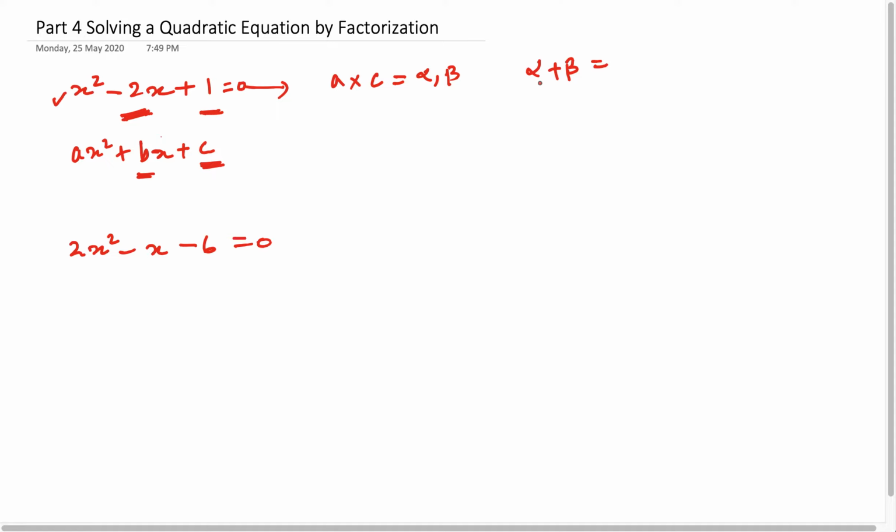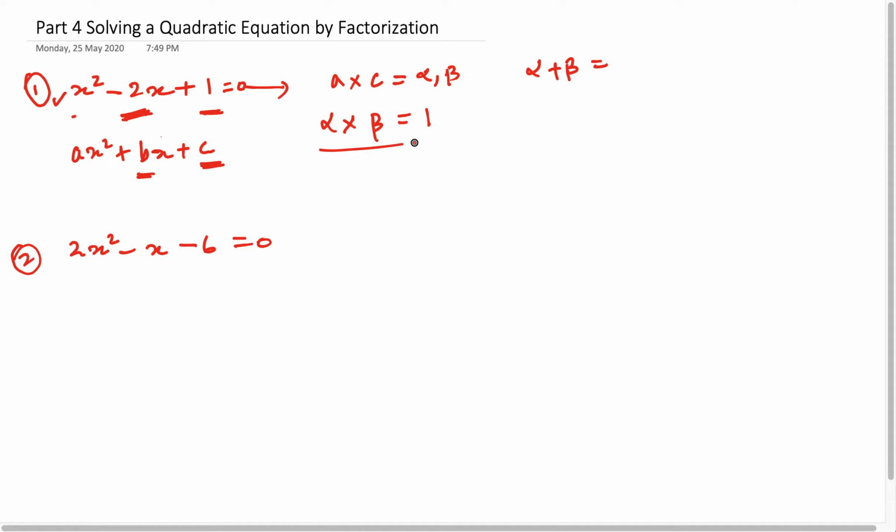Look at this very carefully. Let me call this example 1 and this example 2. In example 1, you have to choose two numbers alpha and beta such that when alpha is multiplied with beta, you get 1, because a is 1 and c is 1.